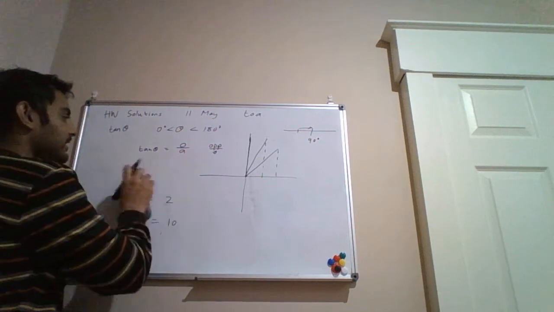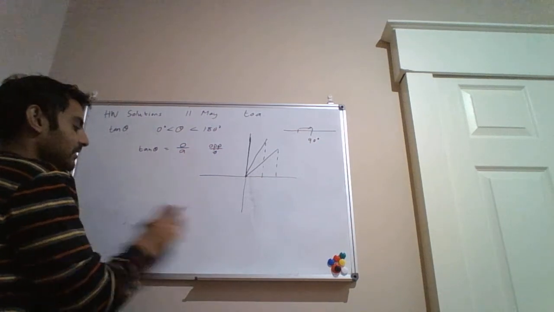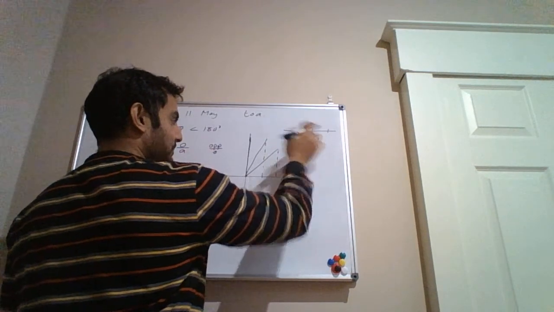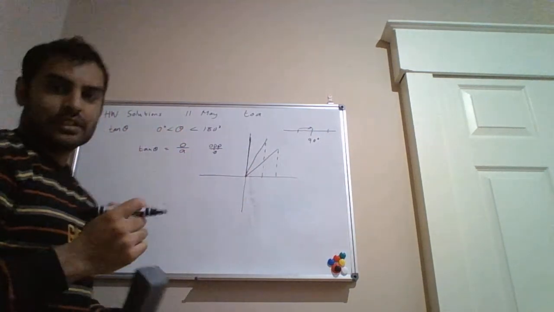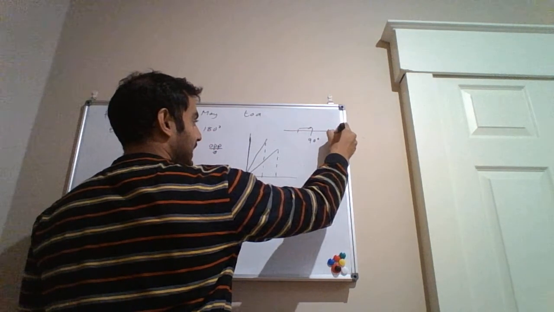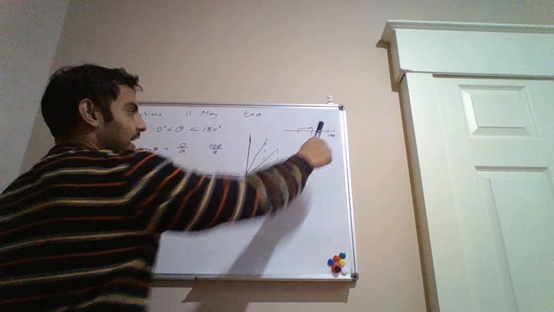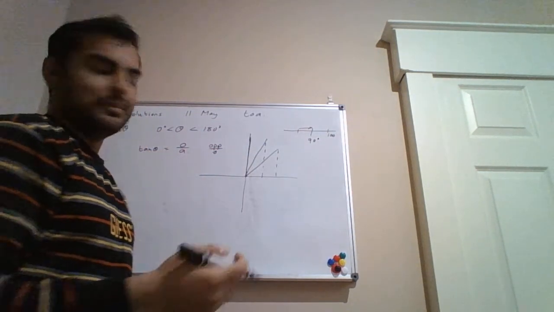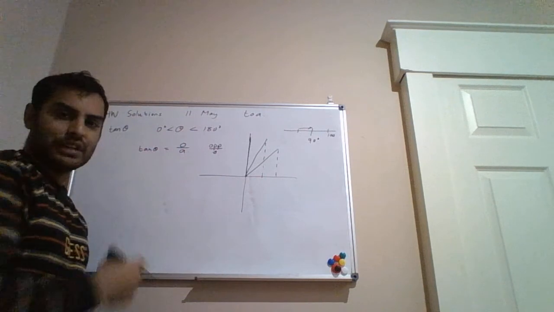Okay, let's look at the other side. As theta tends to 90 degrees from the right-hand side, we've got values which are bigger than 90, say 100, and they're getting smaller and smaller. So 100, 95, 94, 93.